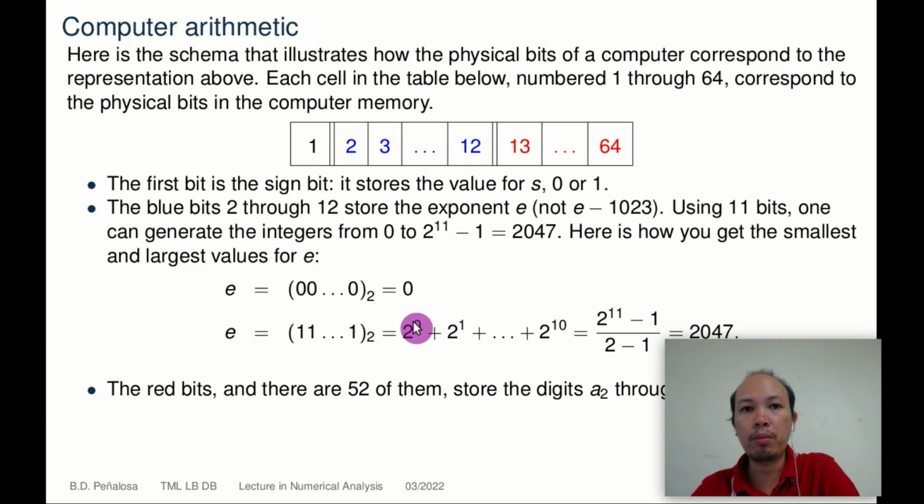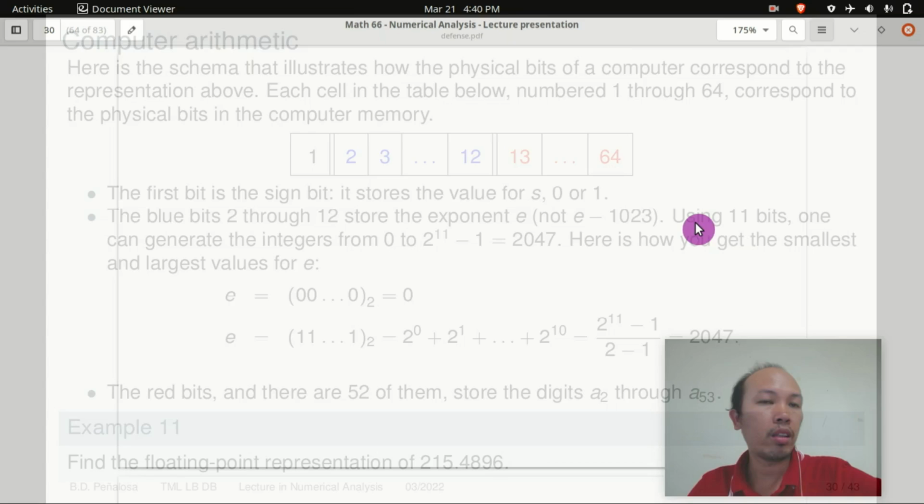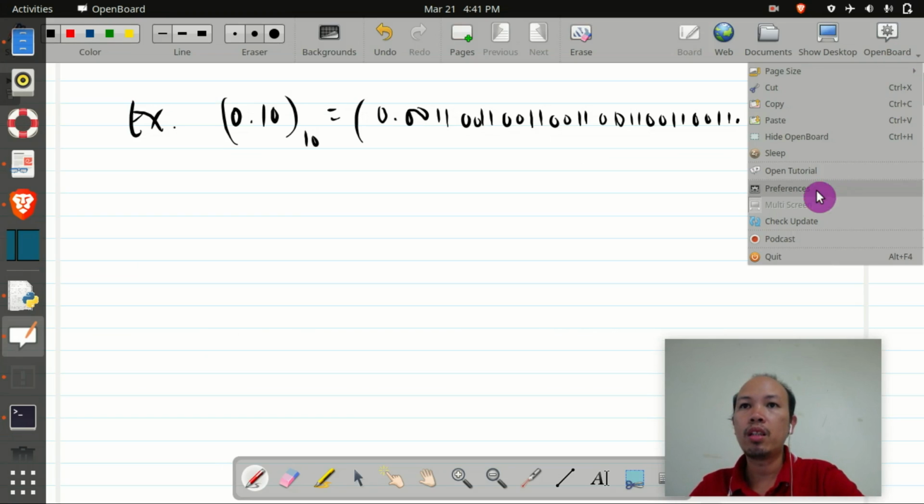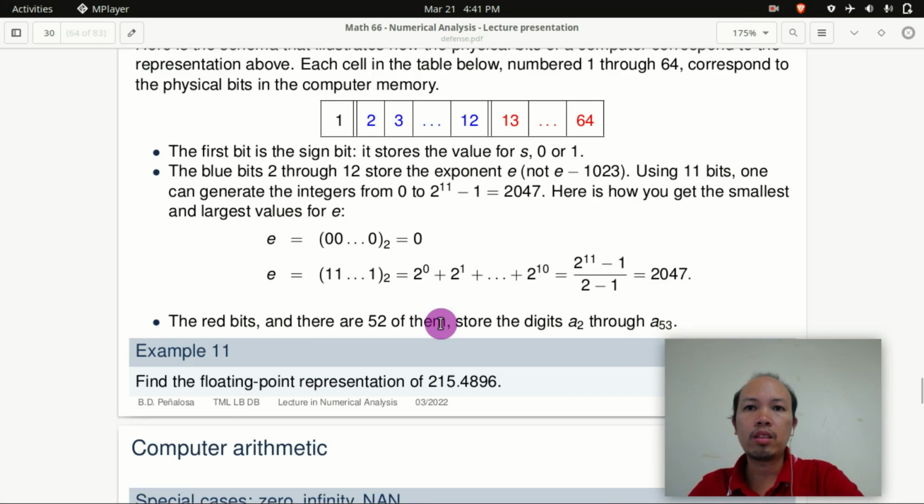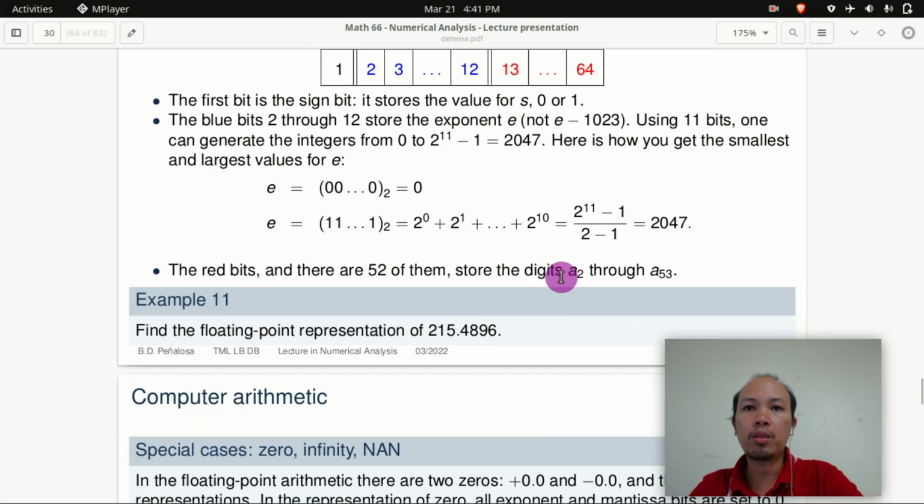Okay, and box 13 up to box 64 stores the digits a sub 2 through a sub 53.